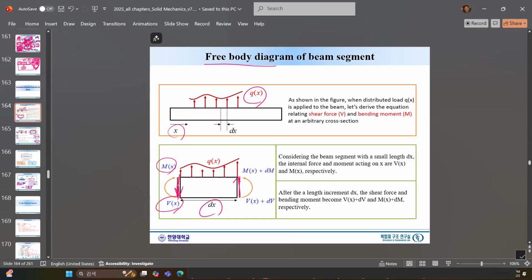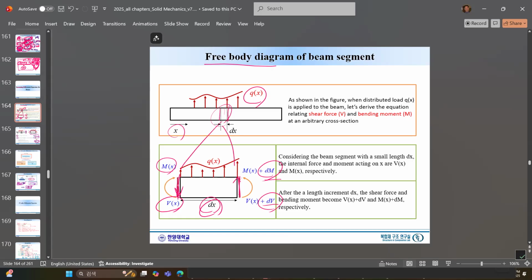The shear force here is Vx, and the shear force after dx, Vx will have an increment dV. The moment at the left-hand side, moment x, will have an increment. How much? We don't know yet, but a certain increment. So this is the free body diagram. For any beam, we just take this small portion and consider it.